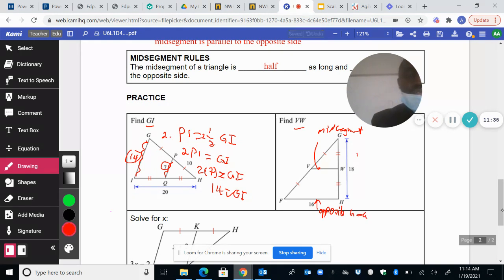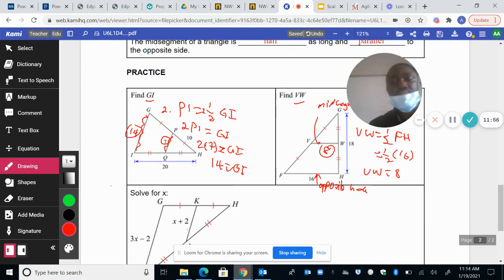So VW equals half of FH. The mid segment is always half the opposite side. And then we have half times the opposite side, which is 16. What is half of 16? 8. So this one has to be 8.